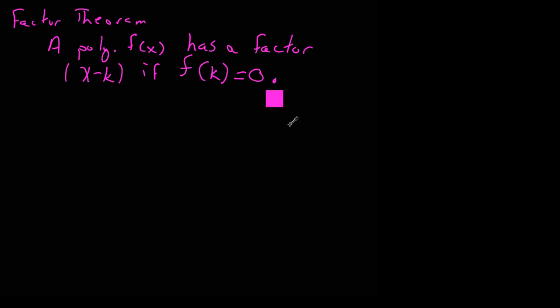And it's actually if and only if. Right? If and only if f of k equals 0. So what this is telling us is that with our remainder theorem, if I divide the polynomial by x minus k, for x minus k to be a factor, it has to have a remainder of 0. And this becomes a useful tool for us because it lets us check to see if particular numbers are factors, because we have an ability to go back and check it.